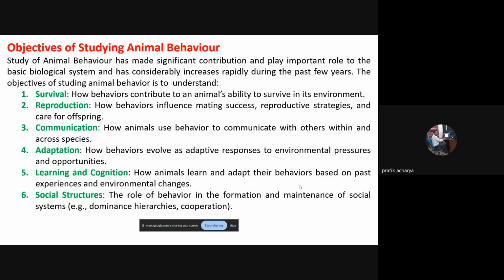So to maintain the hierarchies, the cooperation, or the final social structure, organismal behavior is very important. So these are the objectives of animal behavior. Are all of you clear about these six major objectives of animal behavior? Yes, sir.